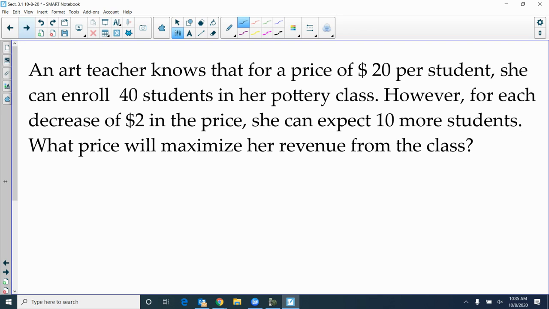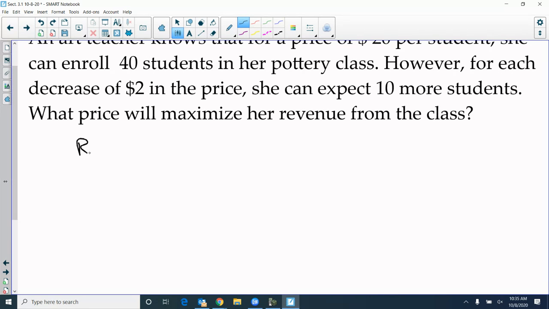All right, let's come up with a function to model this. How can I come up with a function to model the changes in the price and the number of students? First of all, we're looking for revenue, so I'm going to call it R of x, and it's going to be price times students.